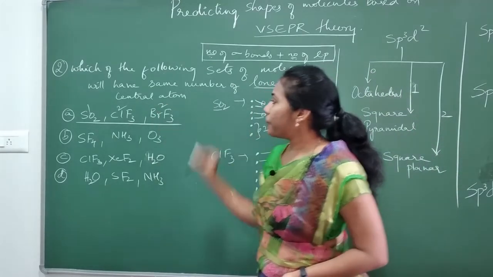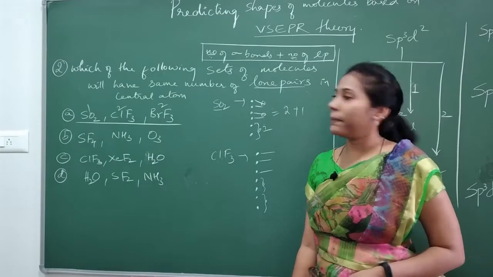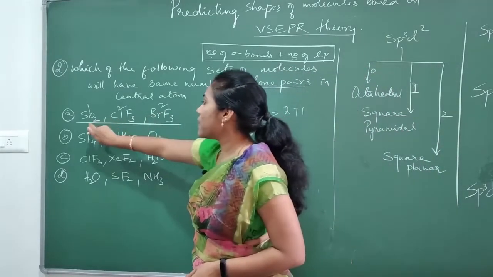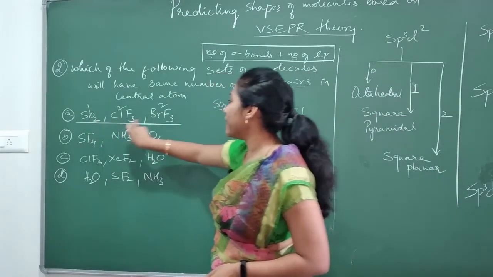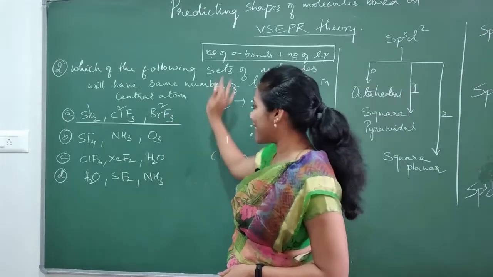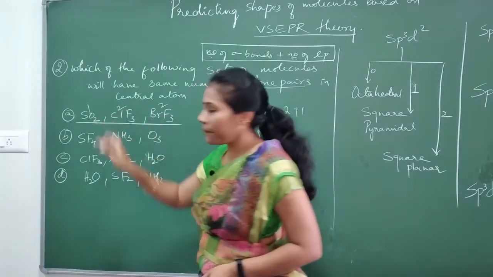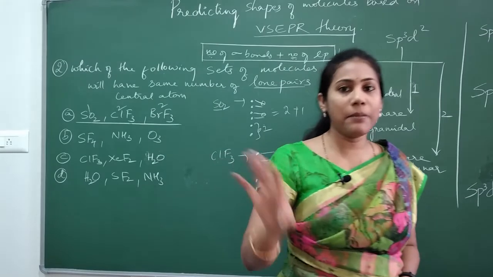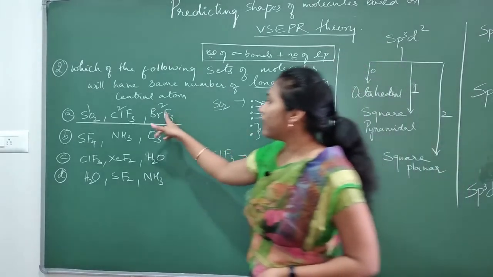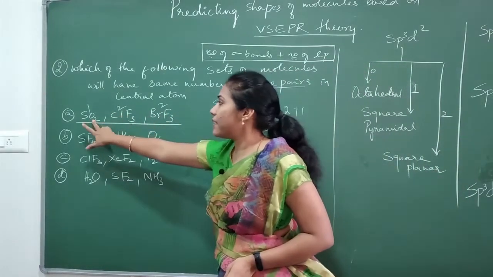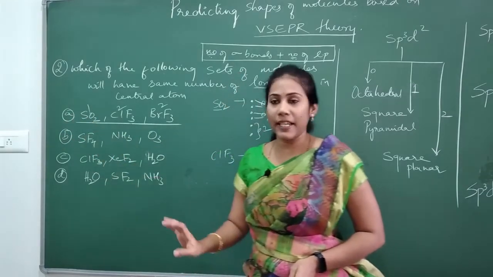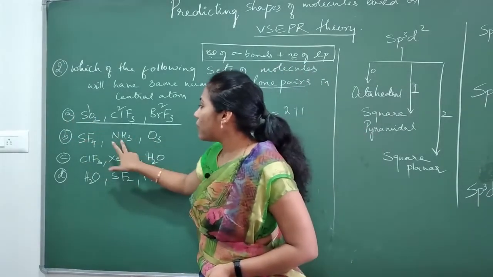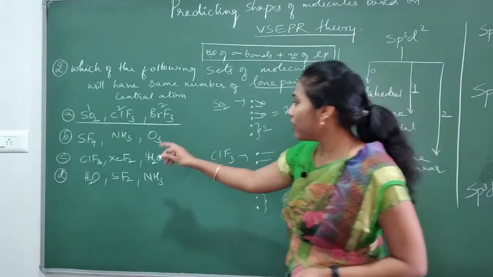Definitely BrF3 also has 2 lone pairs. So the first option, SO2 is showing 1 lone pair and these two are showing 2 lone pairs. They are asking that all of them in a particular option should have the same number of lone pairs. So you can eliminate option A and work on option B, SF4.